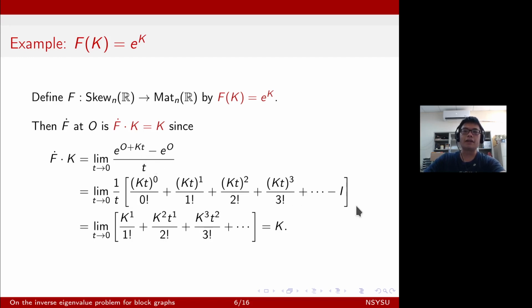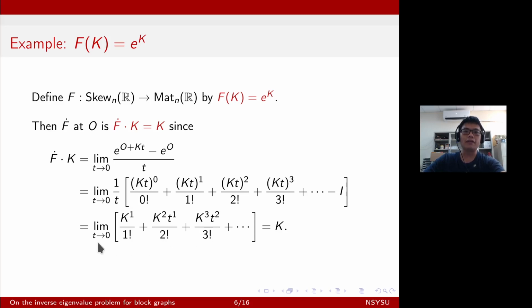Using the Taylor expansion, you will see a lot of series, a lot of terms here, and the last one is minus I because of e to the 0. Now, taking 1 over t, you will cancel one of the t for each term, and this I will cancel with the first term. So this is the only constant term, and the other terms have a t inside.